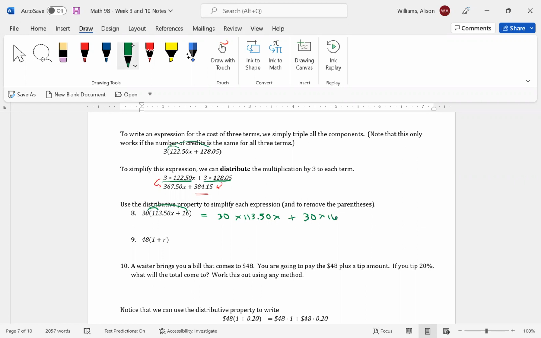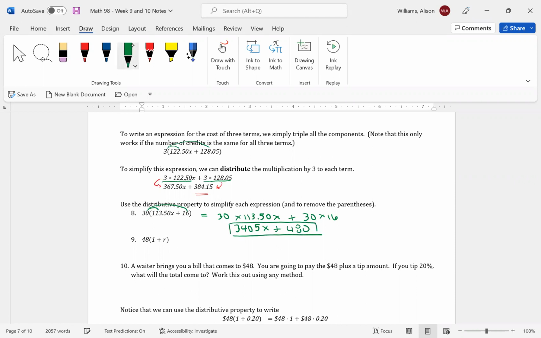So I'm going to grab my calculator and do 30 times 113.50, and I get 3,405x plus 30 times 16, which comes out to 480.